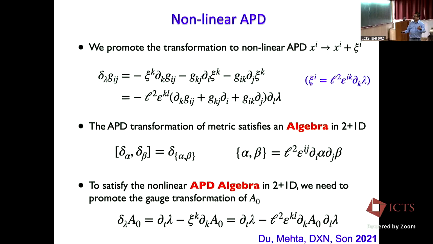This transformation equals a diffeomorphism transformation and a U(1) gauge transformation in fractional quantum Hall, and you get the same form in the lowest Landau level only, taking the massless limit.